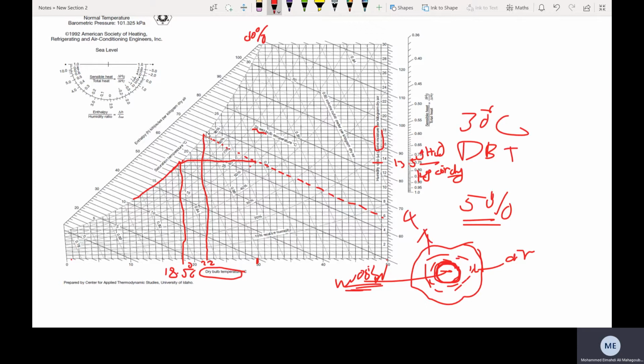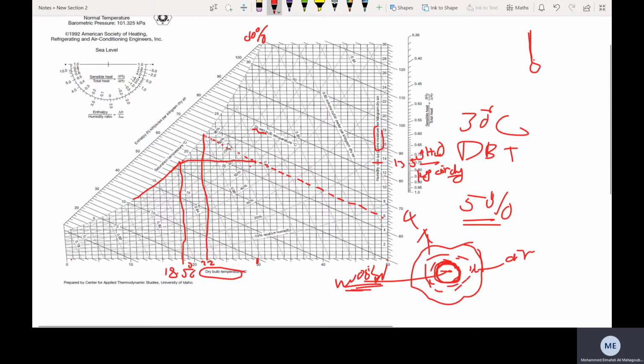But the wet bulb temperature is the temperature where, look here, we have a bulb, and this bulb is dry. Now the air will go through this bulb. This is the dry bulb temperature, let's say the normal temperature of air, without any tweaks or modifications.